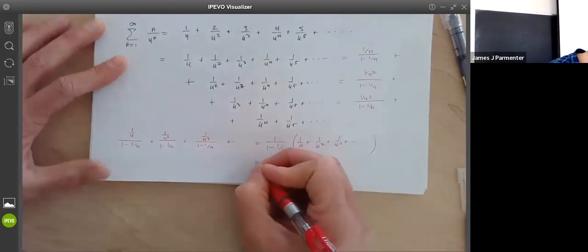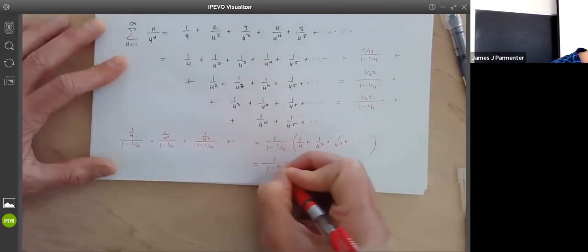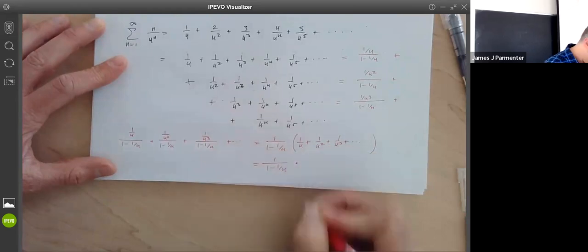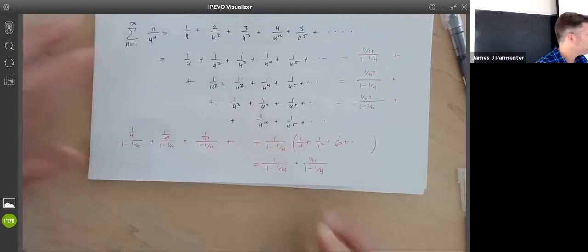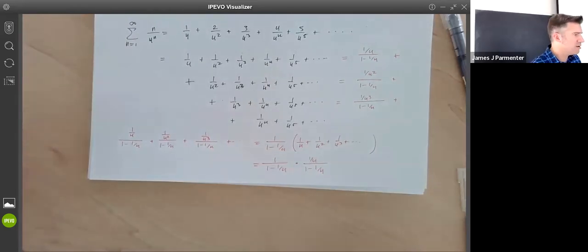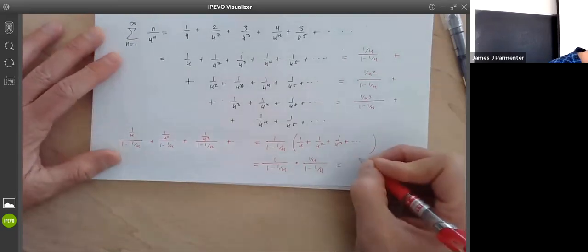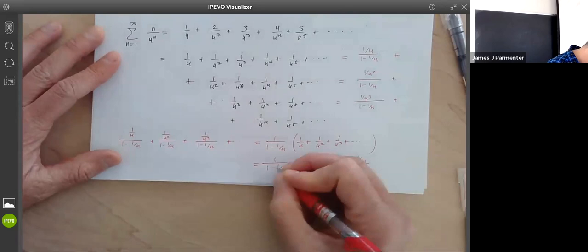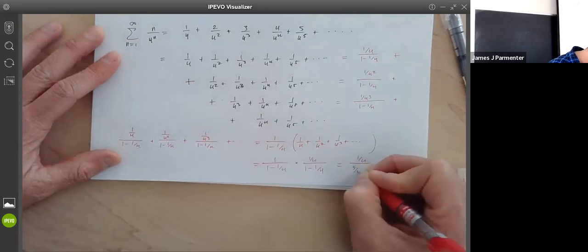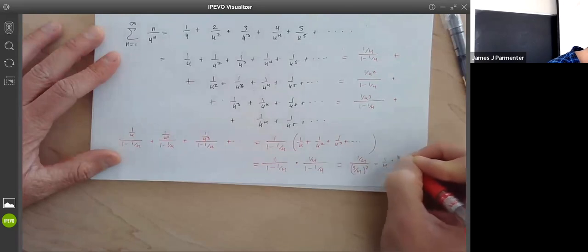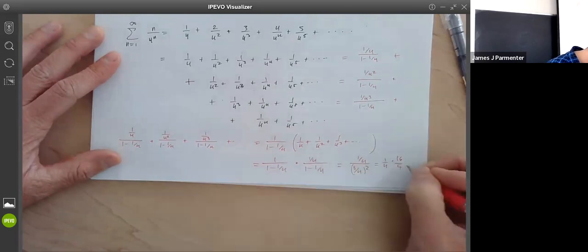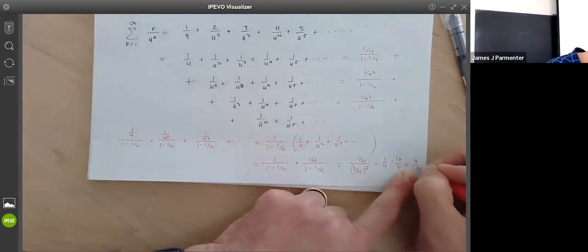So that's going to equal 1 over 1 minus 1/4 times 1/4 over 1 minus 1/4. It's kind of cool. Kind of, you know, in the math world, right? So we end up getting 1/4 over 3/4 times 3/4, which we could simplify as 1/4 times 16 over 9, which ends up equaling 4/9.